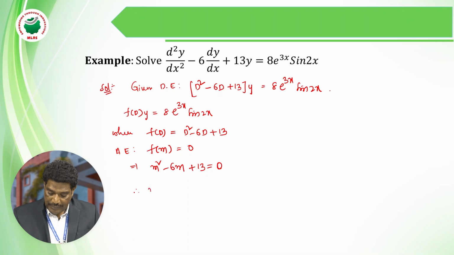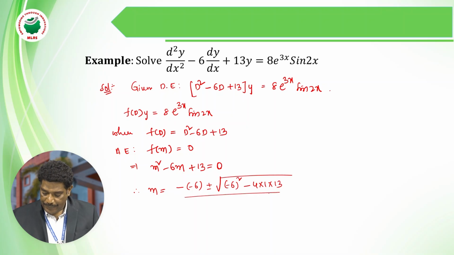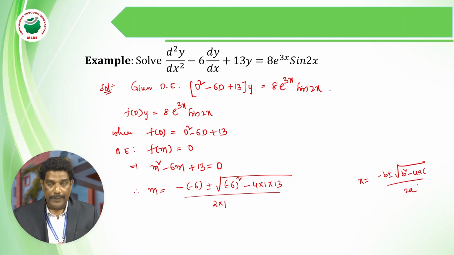So we are going to solve the equation: m equals minus of minus 6 plus or minus square root of (minus 6) whole square minus 4 into 1 into 13, by 2 into 1. That is in the form of x equals minus b plus or minus square root of b square minus 4ac by 2a formula. Right? Using this formula, here I am going to write like this.